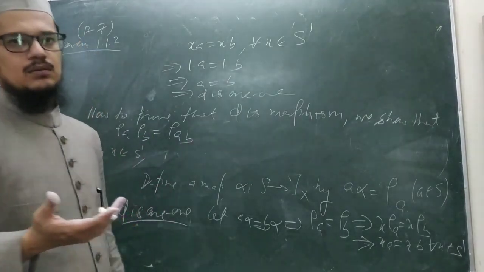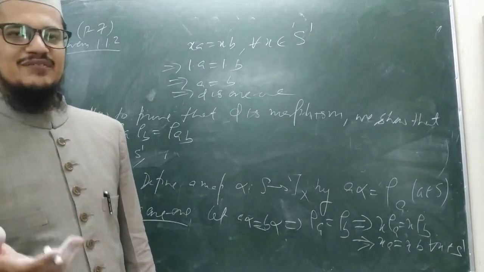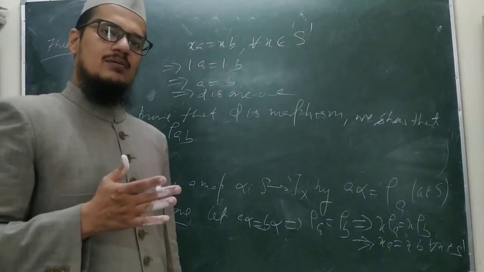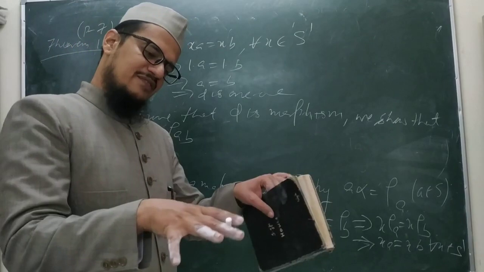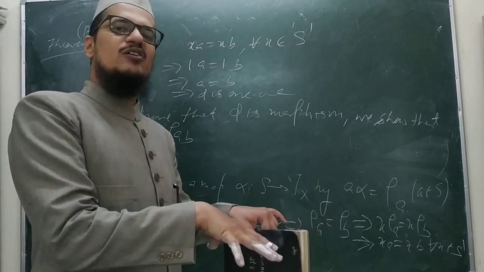Two maps are equal if both maps have the same action on each element of the domain.